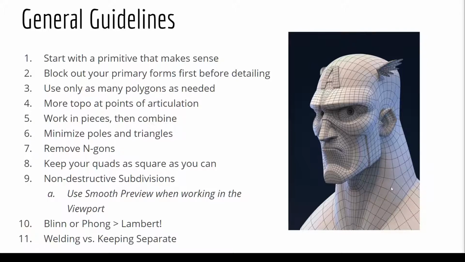And so, of course, you want to have that in certain areas, like you can see on this image of Captain America, where we want some of these sharp bevels and corners and edges. And so we want those to be essentially longer polygons. But generally speaking, you want to keep your polygons as square as possible.